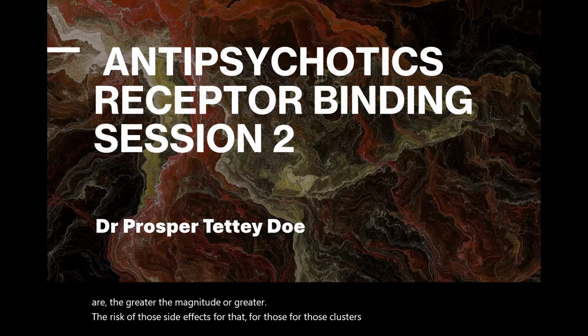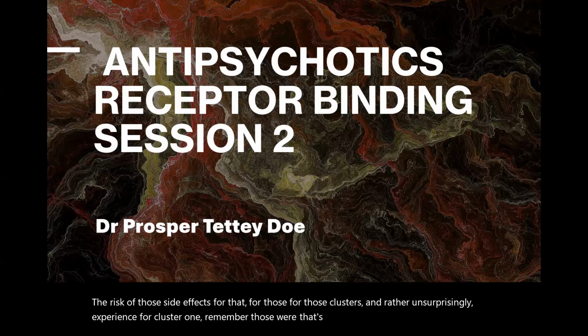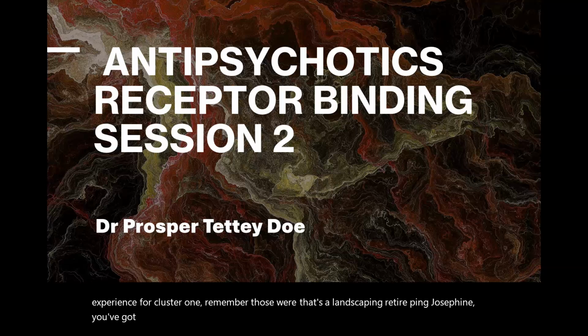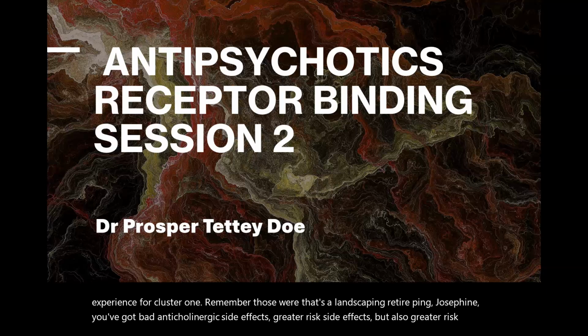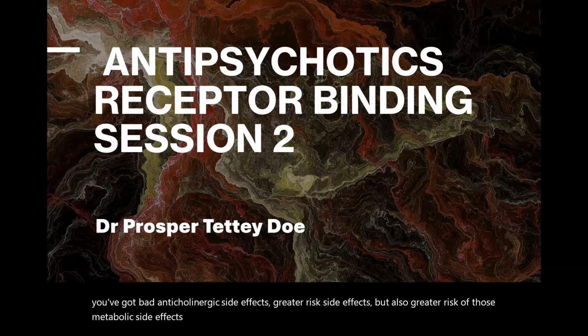And rather unsurprisingly, I suppose, for cluster 1, remember those were antipsychotics like quetiapine, clozapine, you've got bad anticholinergic side effects, greater risk of anticholinergic side effects, but also greater risk of those metabolic side effects. For cluster 2, the partial agonists, ziprasidone, etc., actually relatively light side effect burden across the board.